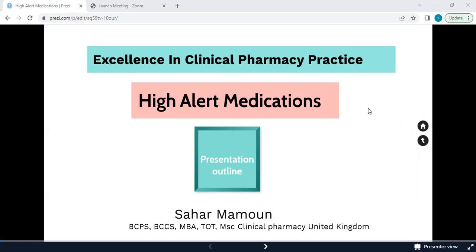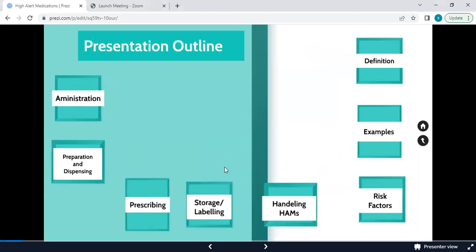Inshallah, today in this small presentation, we will know what high alert medications are, why they are called high alert medications, and what examples of medications we encounter in our daily practice which are categorized as high alert medications, okay?